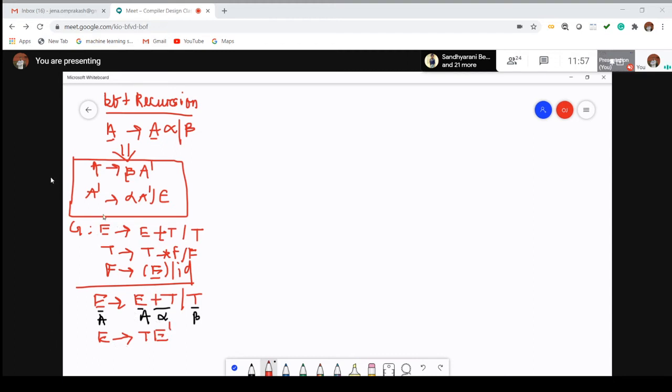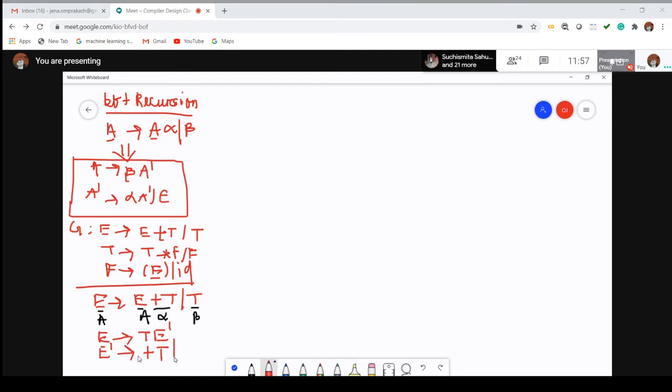Second, it is A dash to alpha A dash or epsilon. A dash is nothing but E dash. Then the alpha value is nothing but plus T, the entire value equals alpha, plus T.